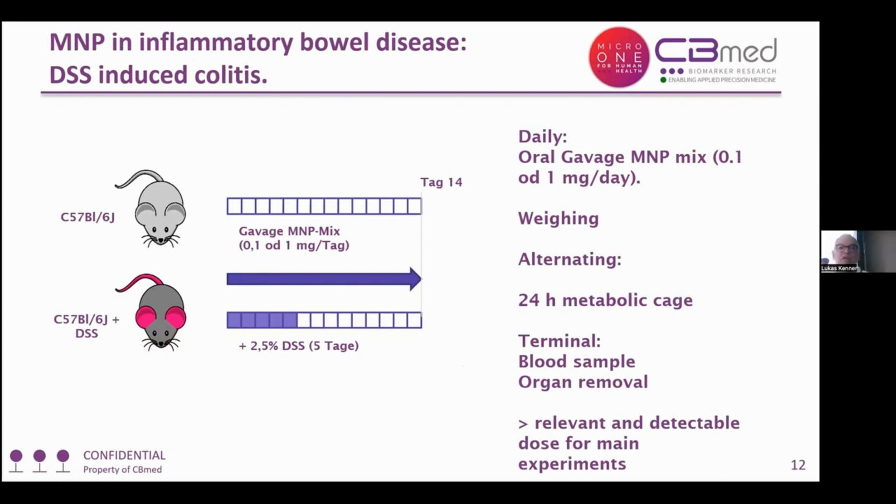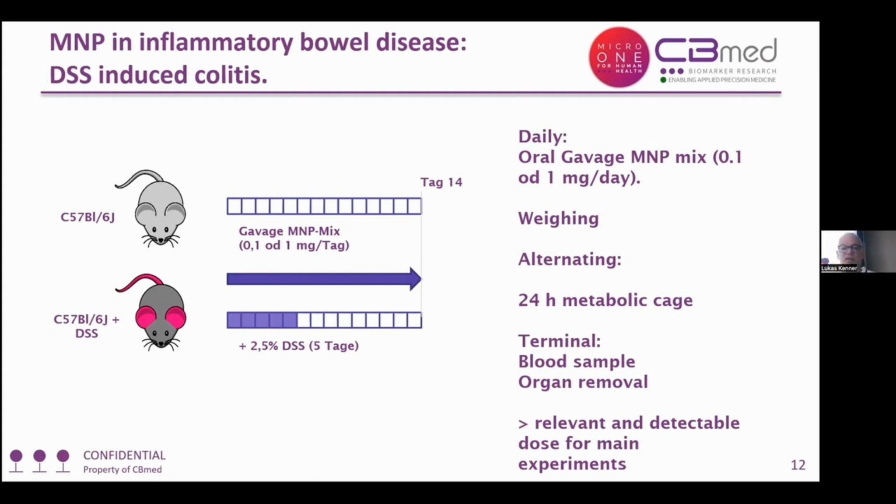The model I just talked about is a chronic colitis model. You can induce it with a substance called DSS for just 5 days. We fed those mice orally by gavage the equivalent of what we on average take up in polystyrene particles.